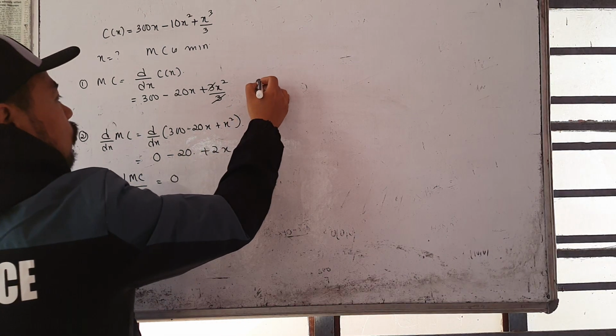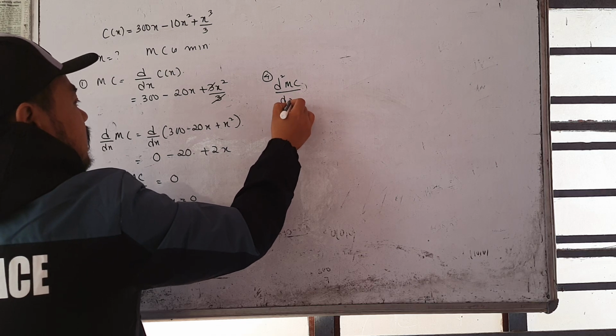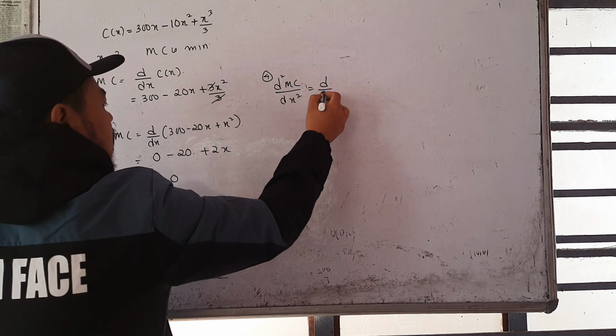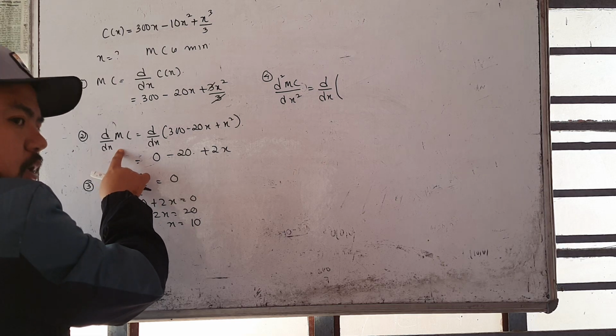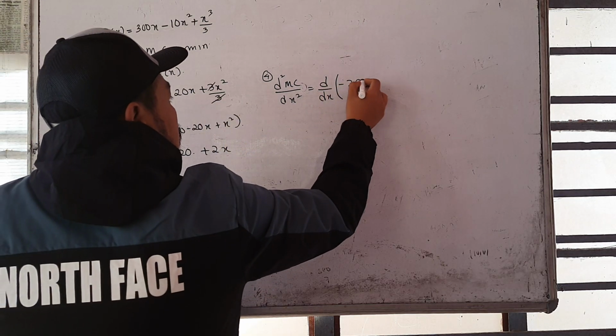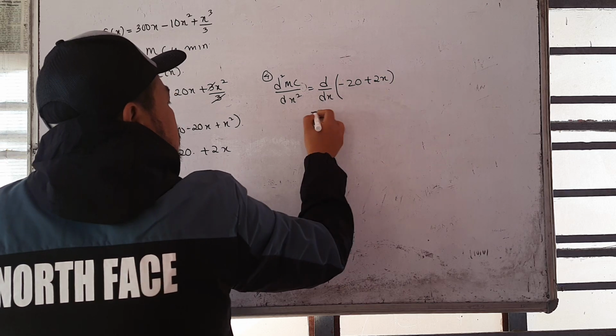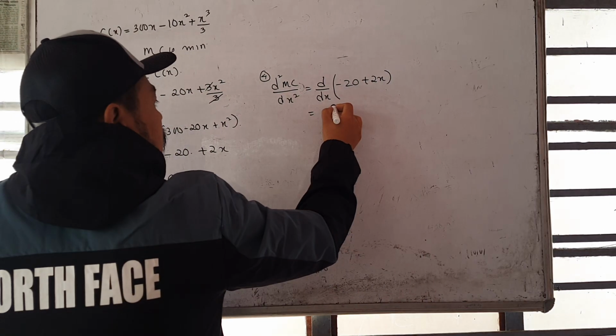Okay, what is step number 4, guys? Double differentiation. d2MC by dx square. For this, what did I tell you? I told you to differentiate step number 2 because we have differentiated this already. So if you differentiate one more time, then it's like differentiating it twice. Derivative of minus 20 plus 2x is what? 2.